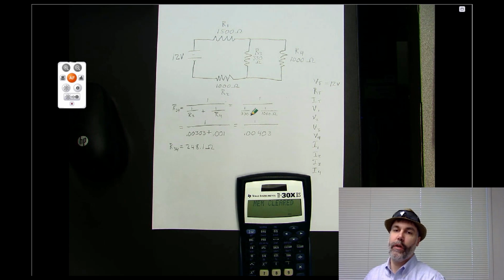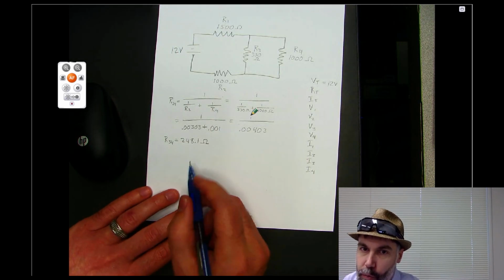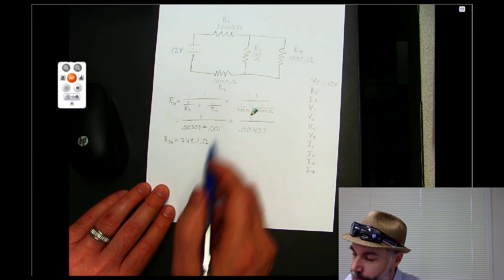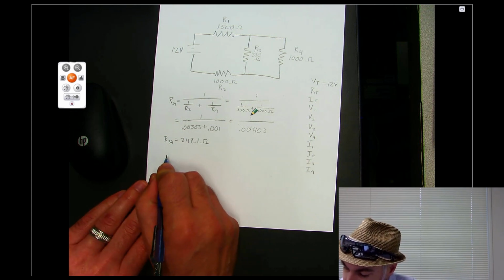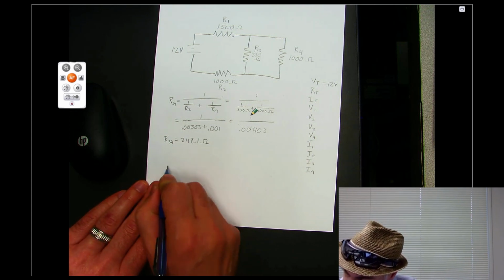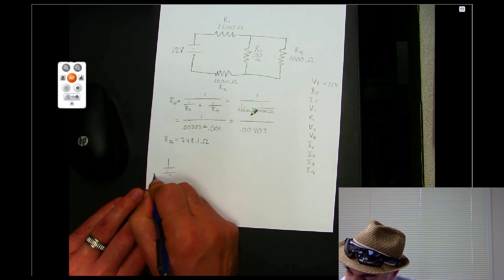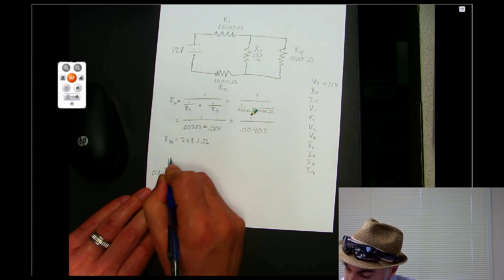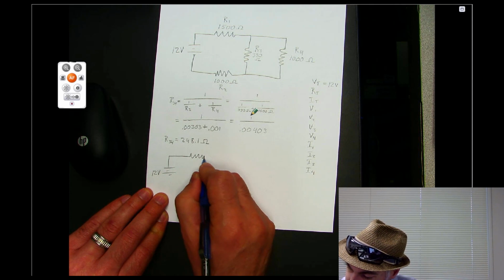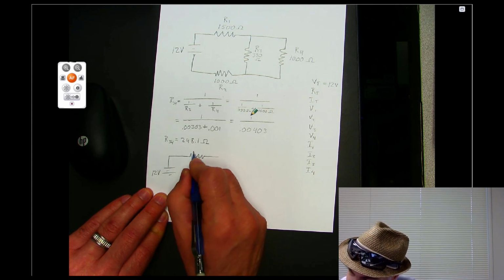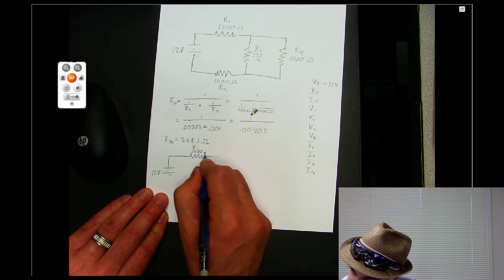Okay. So that's R34. So then we can use that and we can redraw this circuit with that equivalent resistance in place. So we can still have our 12-volt power supply over here. And then we still have this resistor on the top. R1 is still 1500 ohms.